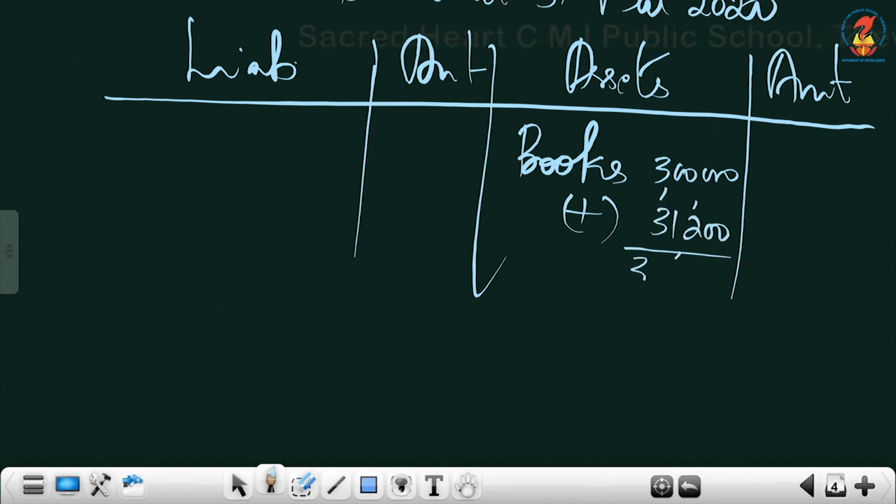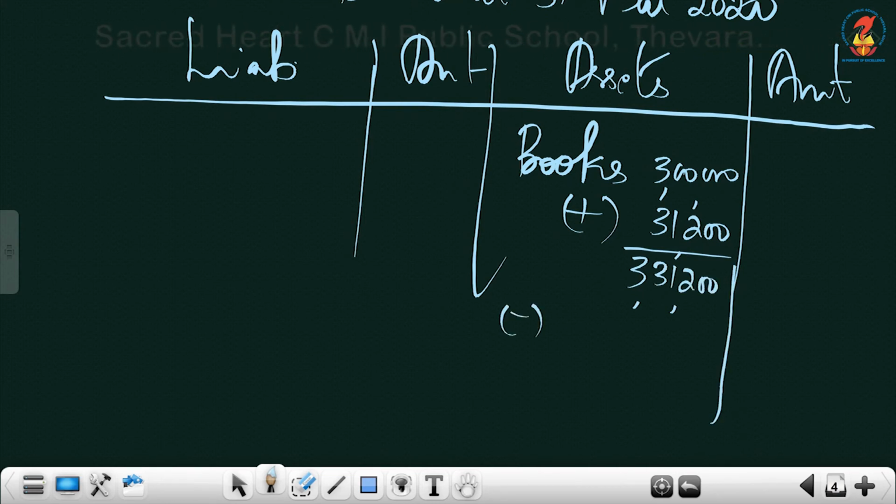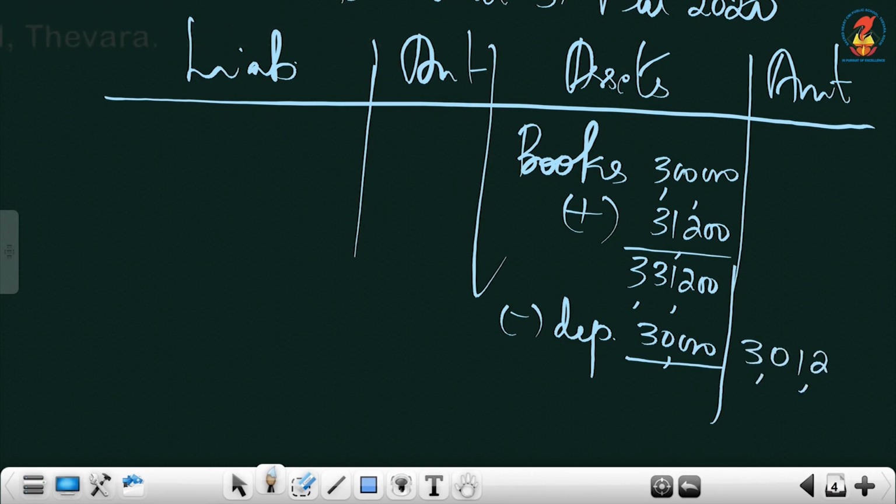Understood? Then, it's not over. There is depreciation. You remember last year we used to write less depreciation from fixed assets. So, here also we have to write, and 30,000 you have to deduct. This is how you have to show the values. The opening value you have to take first.